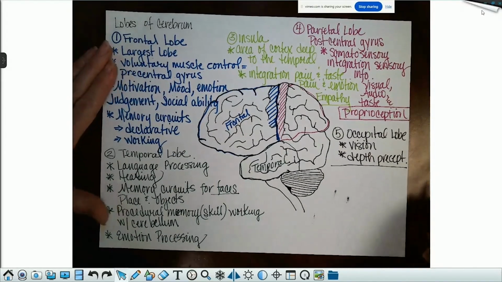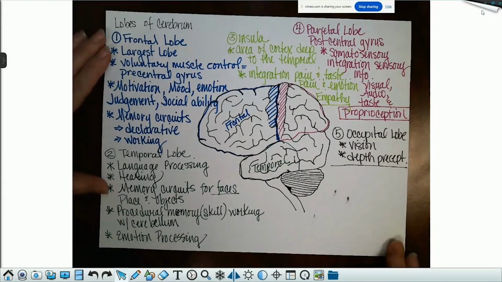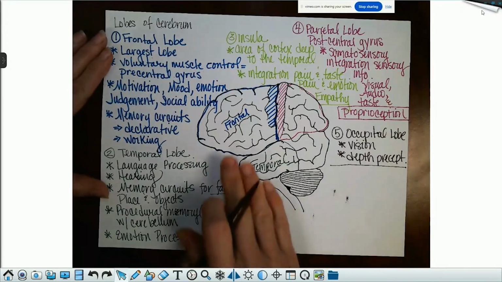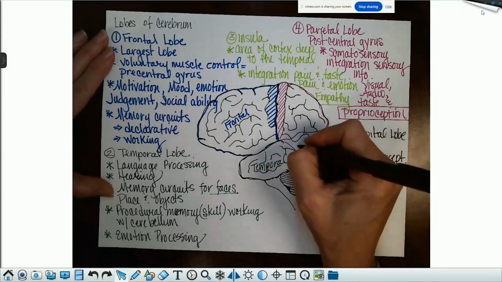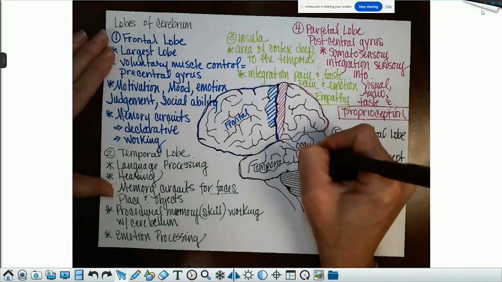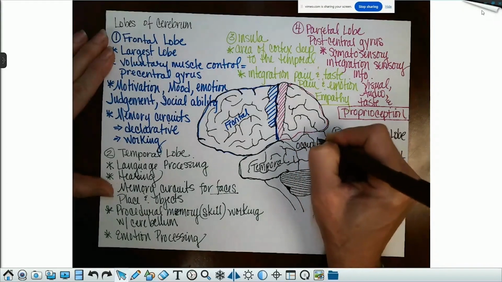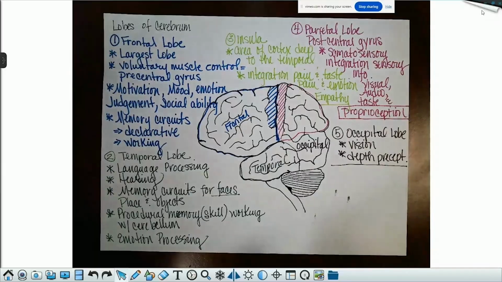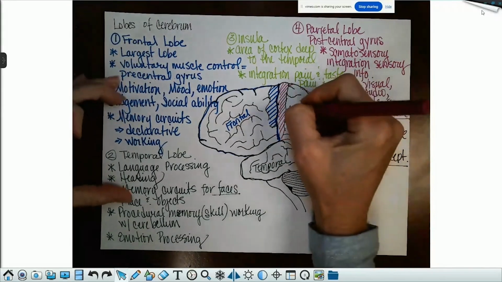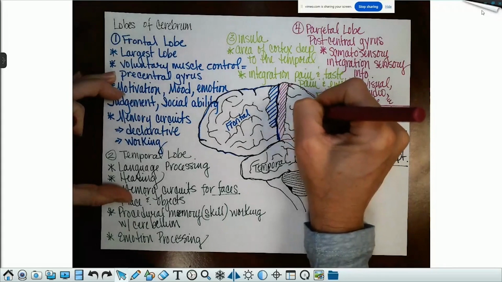Okay, so those are our 5 lobes, and we can see them all here on the lateral side of the brain with the exception of the insula, because that is deep to the temporal lobe, but all of them are here.